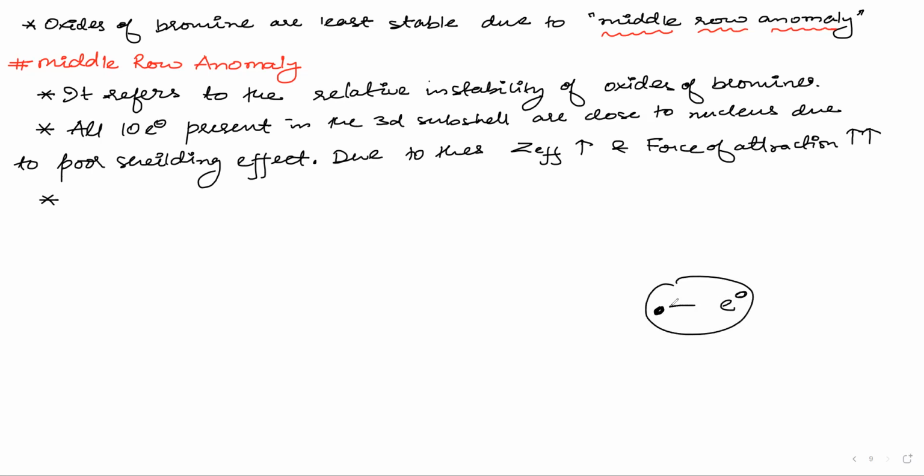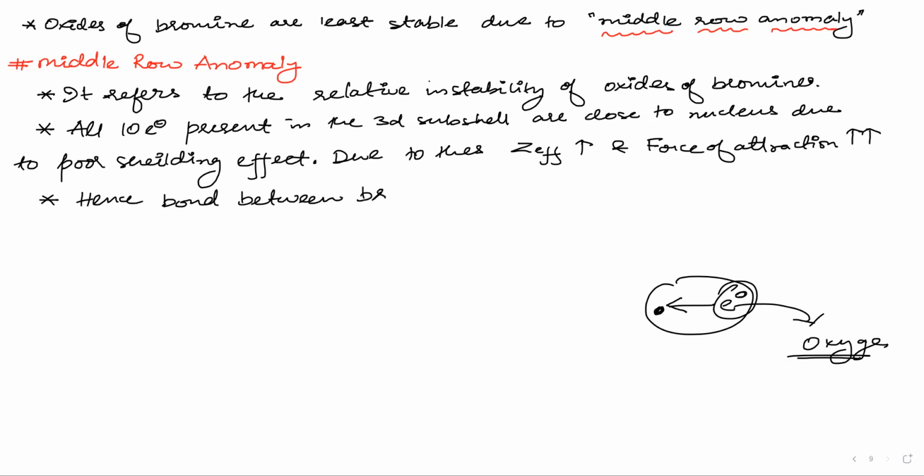So the nucleus is attracting the electrons with higher magnitude, and these electrons will not be available for oxygen for bonding. That is why the bond between oxygen and bromine is weaker. Hence, the bond between bromine and oxygen is easy to break.